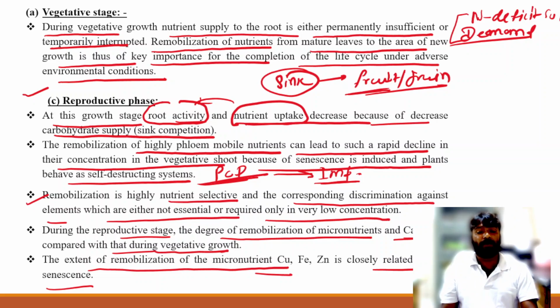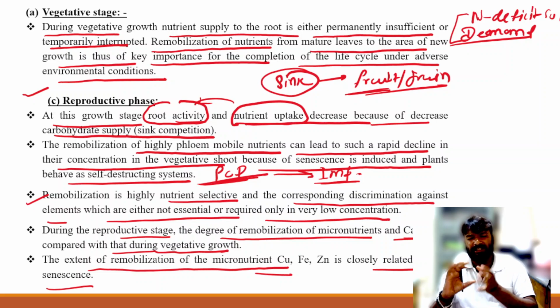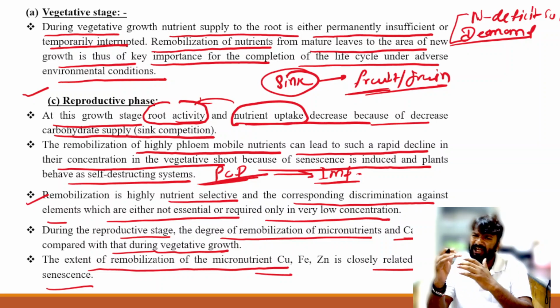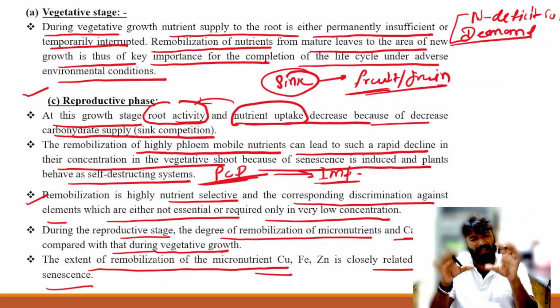Okay, so friends, there are 3 stages and 3 different mechanisms for the remobilization of solutes. This is a mechanism of the overall transport of the mineral nutrients from the soil to the xylem, xylem to the tissue, and also the retranslocation and the remobilization process.